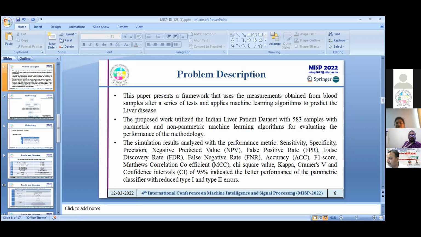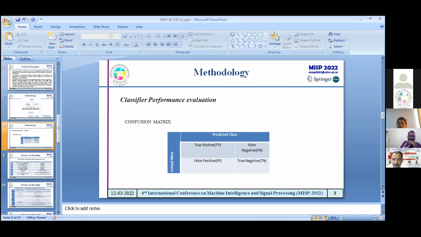Vijay Lakshmi, again your slide is not moving. It is also not in full mode. If you convert it to PPT, then we'll be able to see. This is PPT, sir. Sorry, you can convert to PDF, then we can see. Now it is showing methodology, but it is not full screen.